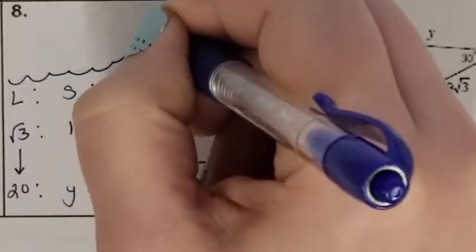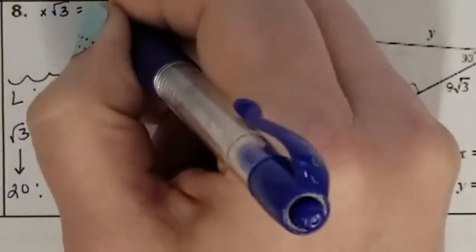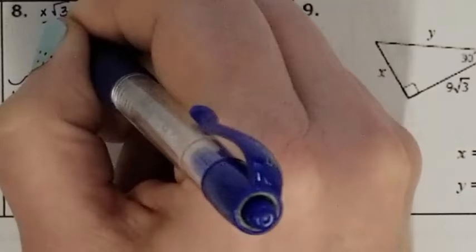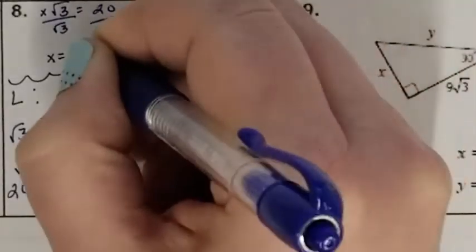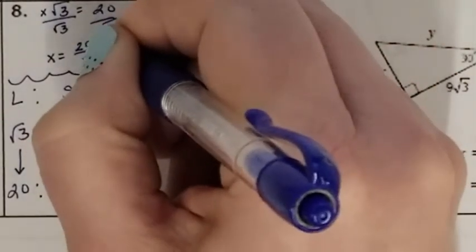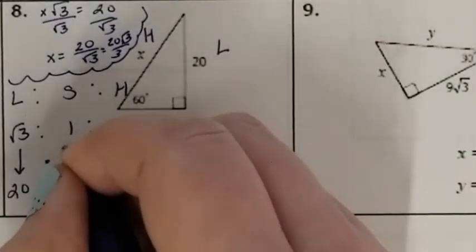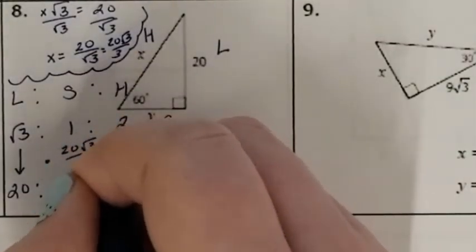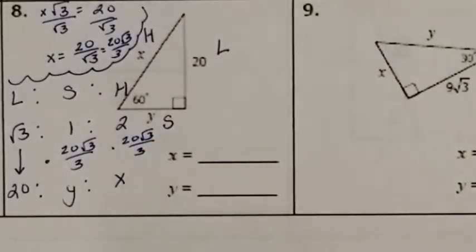So we're going to think about that up here. Something times root 3 gave me my 20. Dividing both sides by root 3, that something I had to multiply by was 20 all over root 3, which needs to be rationalized. And when you rationalize it, that gives you 20 root 3 over 3, which meant everybody in here is going to get multiplied by a 20 root 3 all over 3.